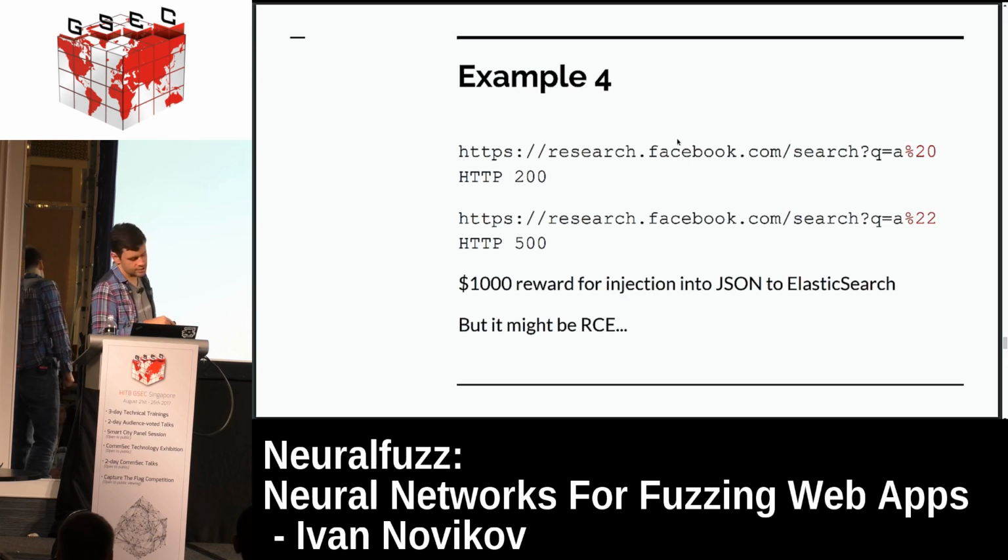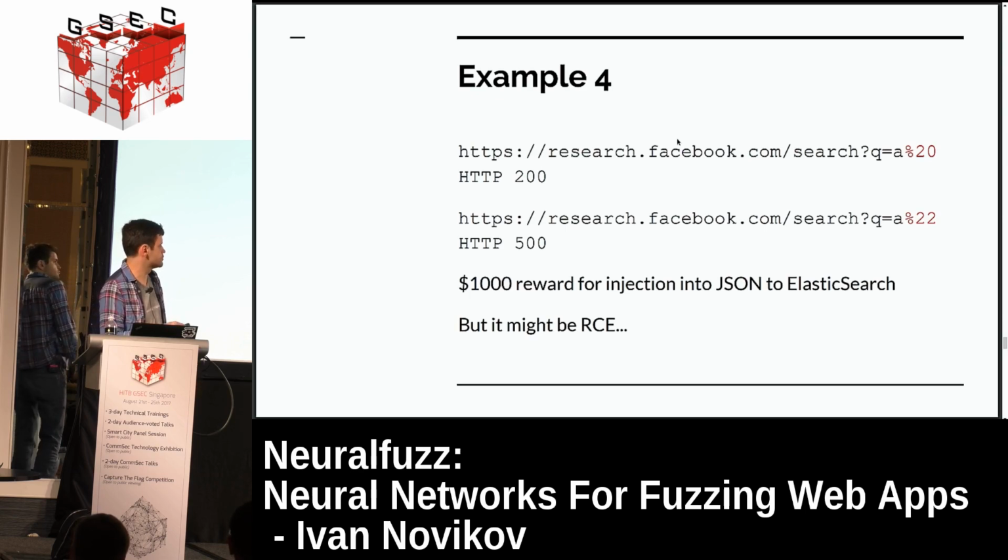It was a JSON injection, and I just missed this, and probably I missed my RCEs that time. But I tried to apply this neural network approach and understood that this byte addresses the neural network not only to SQL injection payloads, but also to JSON injections, because it's a terminal byte for SQL injection and JSON injections as well, which is really important.